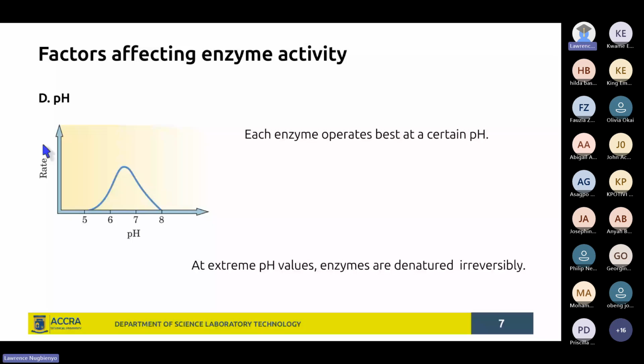Let's say if you go to the brewery or you go to some food industry, you see that the factors that are controlled in their bioprocesses are these things: temperature, pressure, pH, concentration of the enzyme that they are introducing.